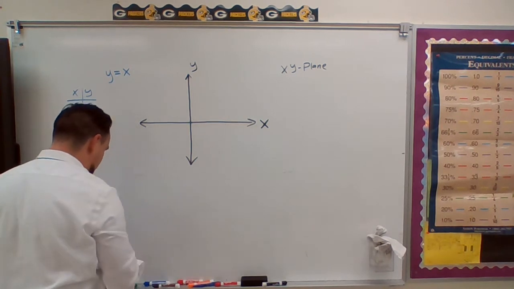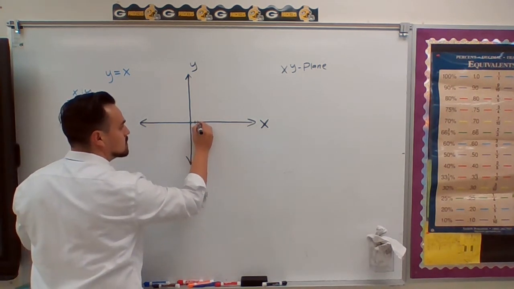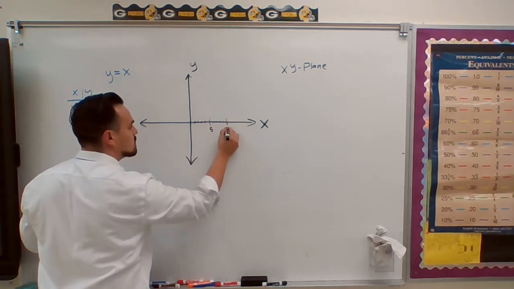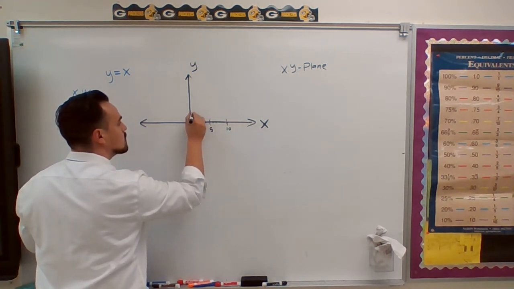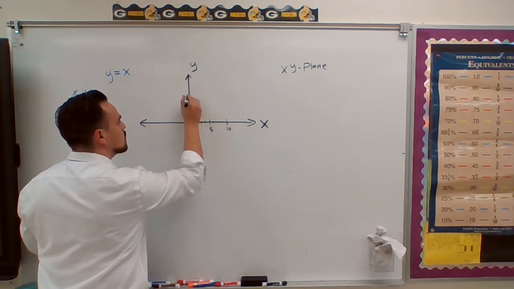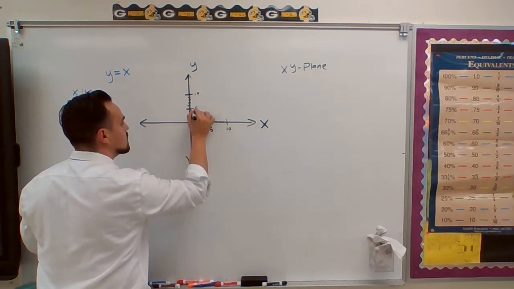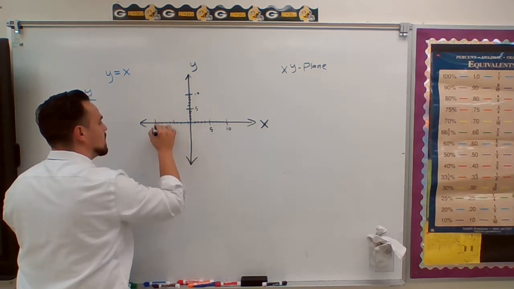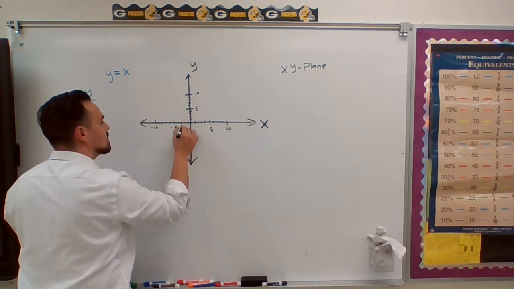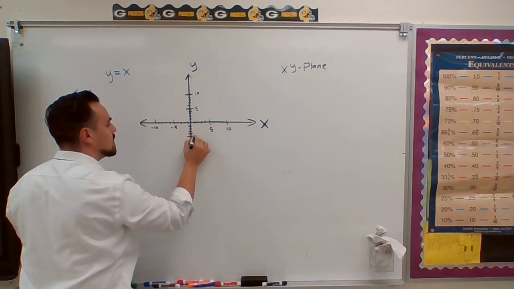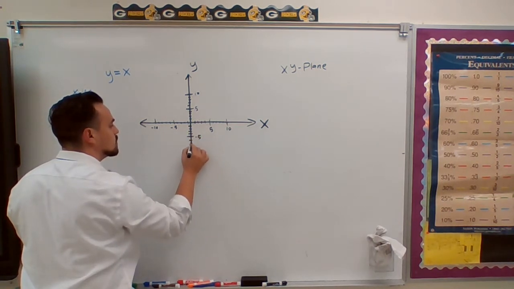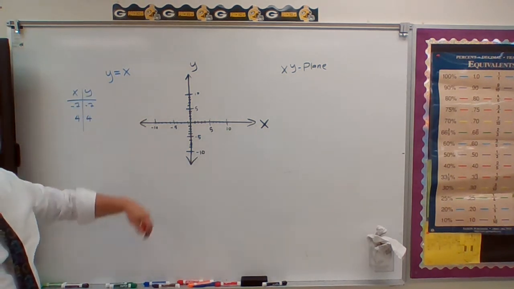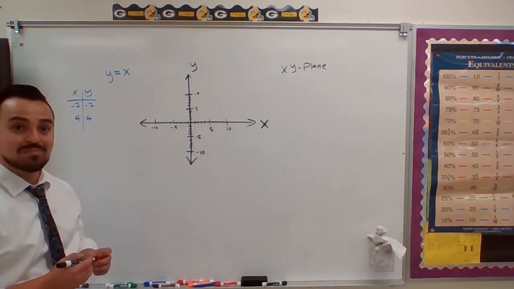Now I've got to make sure that I keep this proportional, so I'll count 1, 2, 3, 4, 5, then 10 in each direction, both positive and negative. I have perfectly labeled my axes and constructed my plane.